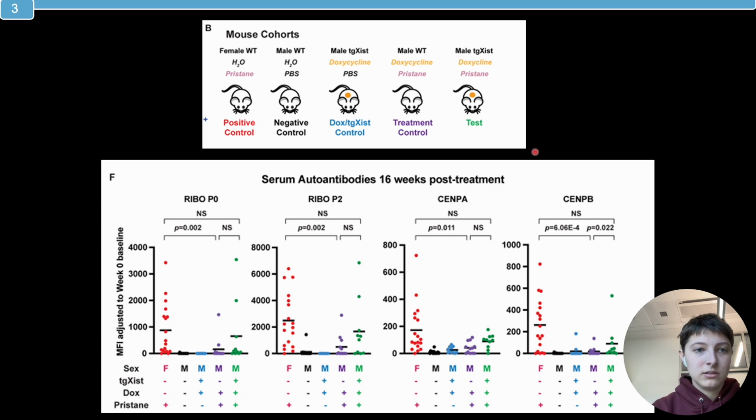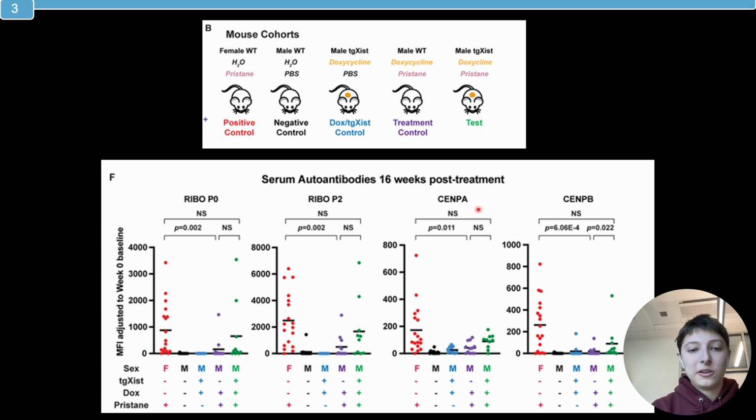Here, again, just to remind you what we're looking at, we have the cohorts. Here we're looking at the autoantibodies after 16 weeks. And so these autoantibodies are sort of known things that they're looking for in SLE, like disease states.